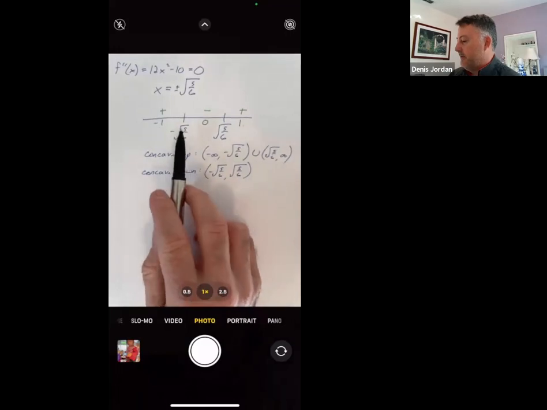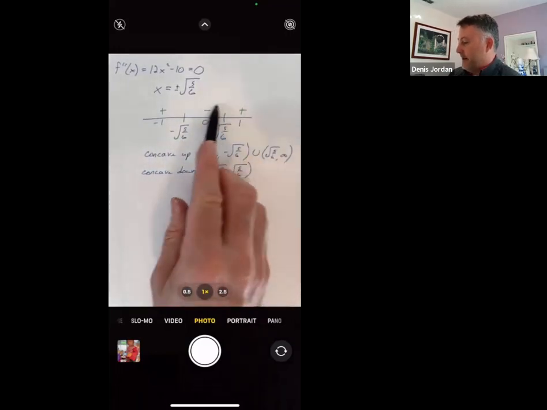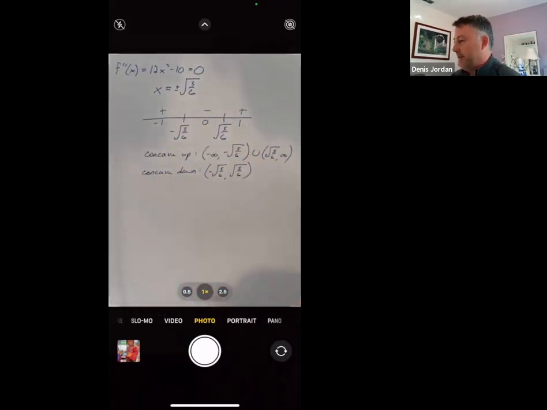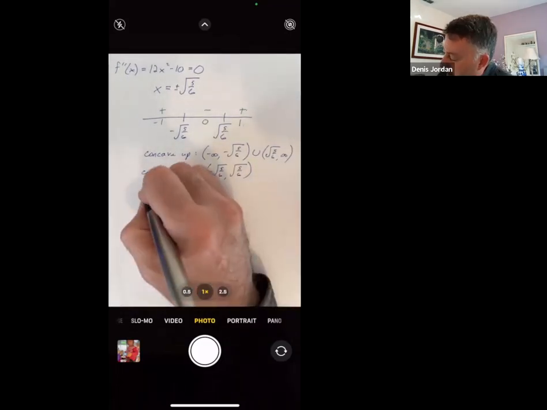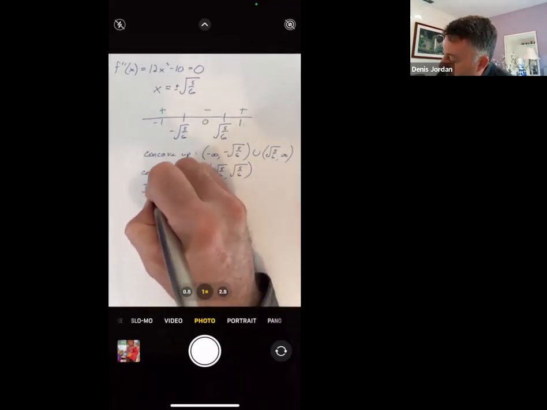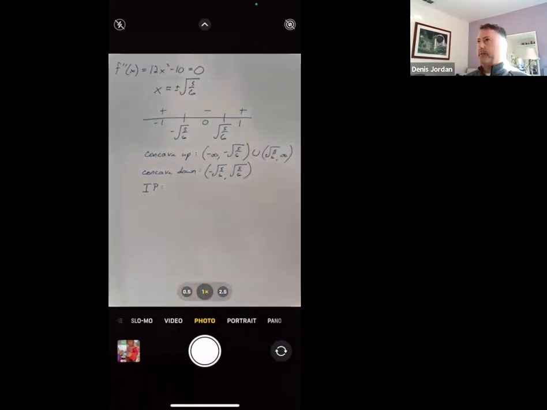Okay, so now that you've tested with the sign chart, now you can definitively say where your inflection points are. On the third exam, I can't remember which question it was, I think it might have been question 3, it gave you a function and wanted to know where the inflection points were.